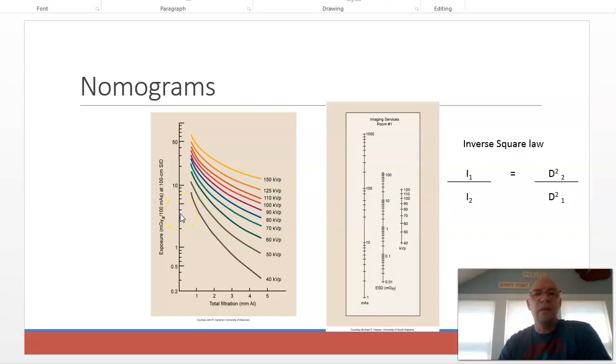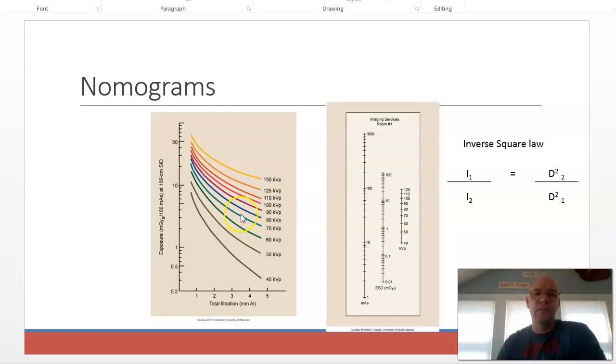All right. So then my entrance skin exposure would be about 3.5 milligray per 100 mAs at 100 centimeters of SID. If you're listening to that and you're getting a popsicle headache, don't sweat it.